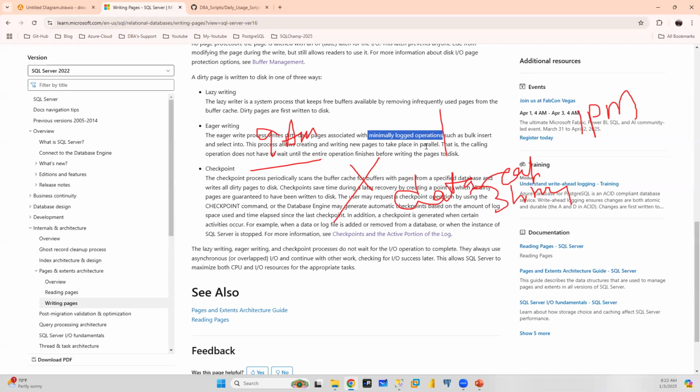Up to this point only, remember, sir, don't think much. You can't understand it now. Once I talk about the recovery model, I will clarify all your doubts. Is it clear? What is eager writer doing? Eager writer is improving the bulk operations by page creation and page writing parallelly.